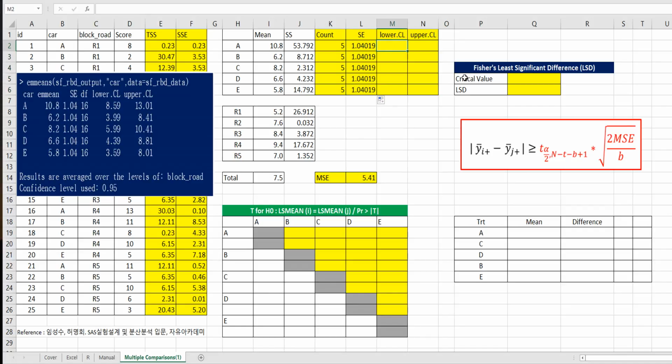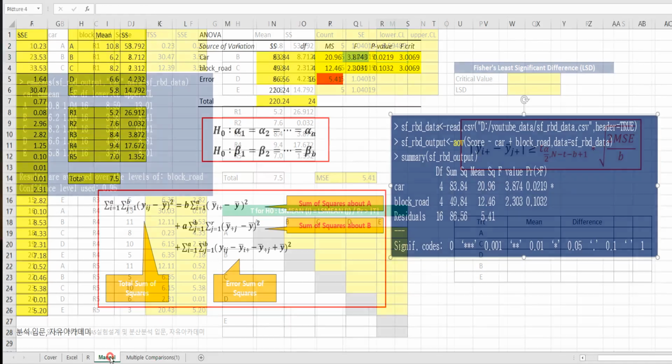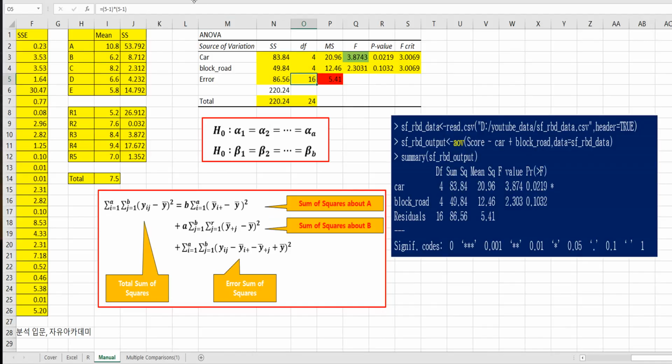For the lower confidence limit and upper confidence limit, we can use this formula: mean minus standard error multiplied by T.INV. We consider a 5% significance level, so the probability is 0.975. And the degrees of freedom is 16, because when we calculated MSE, the degrees of freedom was 16. So degrees of freedom here.